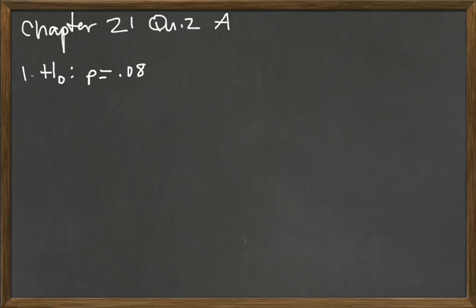That allows us to think about our alternative, because we want to say that the effect actually does take effect. So we would say that P would be less than 0.08 if it works. If the incentive program works, then in fact their defect rate would go down.